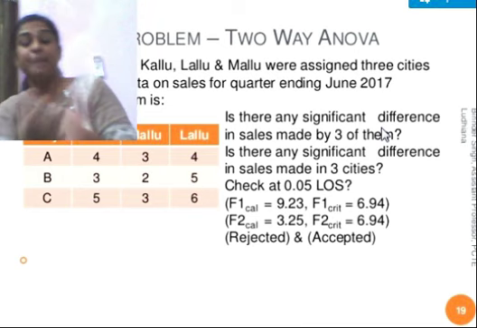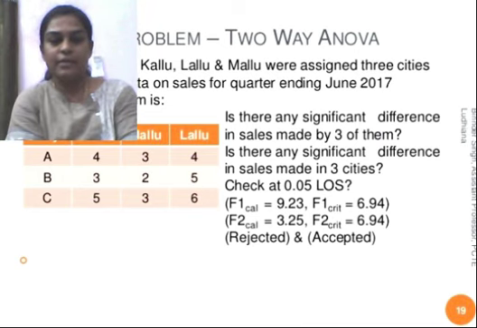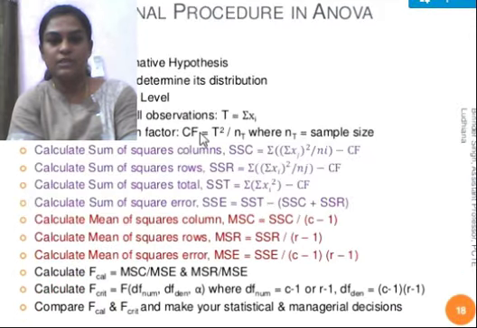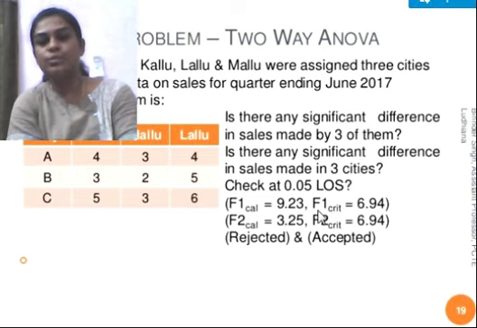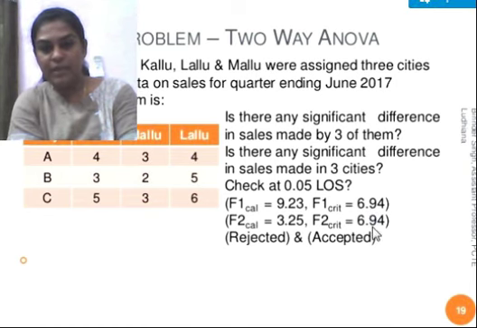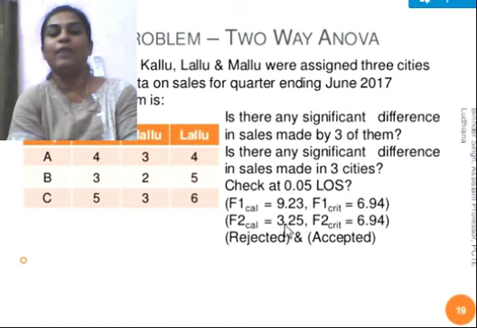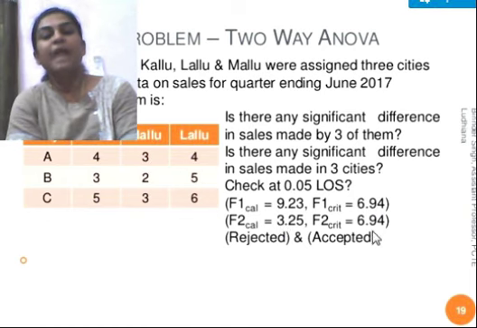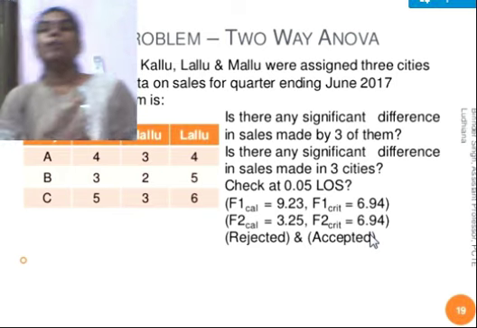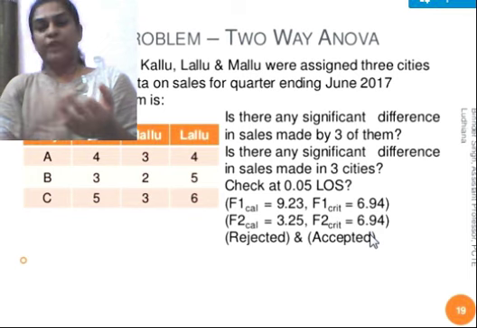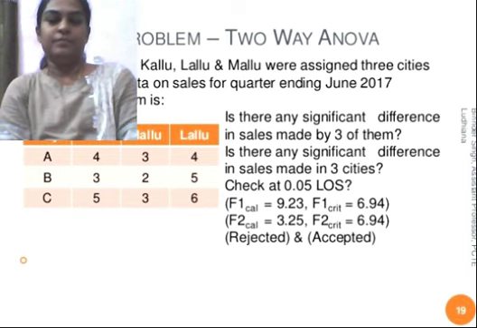Following all these steps and calculating the problem, the answer is F1 equal to 9.23, F1 critical value 6.94, and F2 calculated value 3.25, F2 critical value 6.94. In one case it is rejected because the calculated value is greater than the critical value; in the other it is accepted. So this is the way of doing problems in ANOVA, one-way and also two-way.